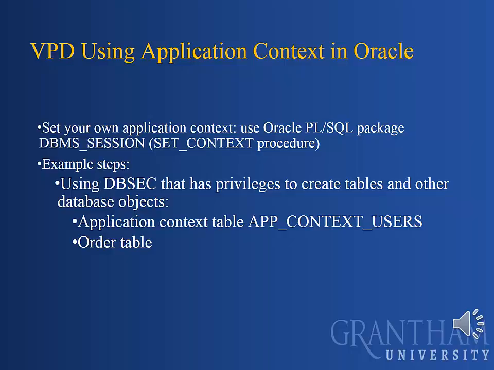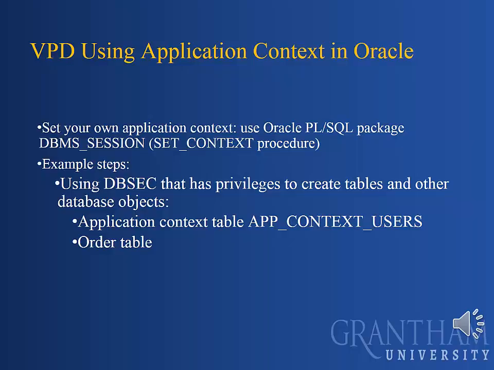So if you consider an order entry application that enforces rules that customers only see their own orders, clerks see all the orders for all customers, then there are 2 different policies. So you could define an application context position attribute, and this attribute would be accessed within the policy function to return the correct information depending on the value of the attribute.